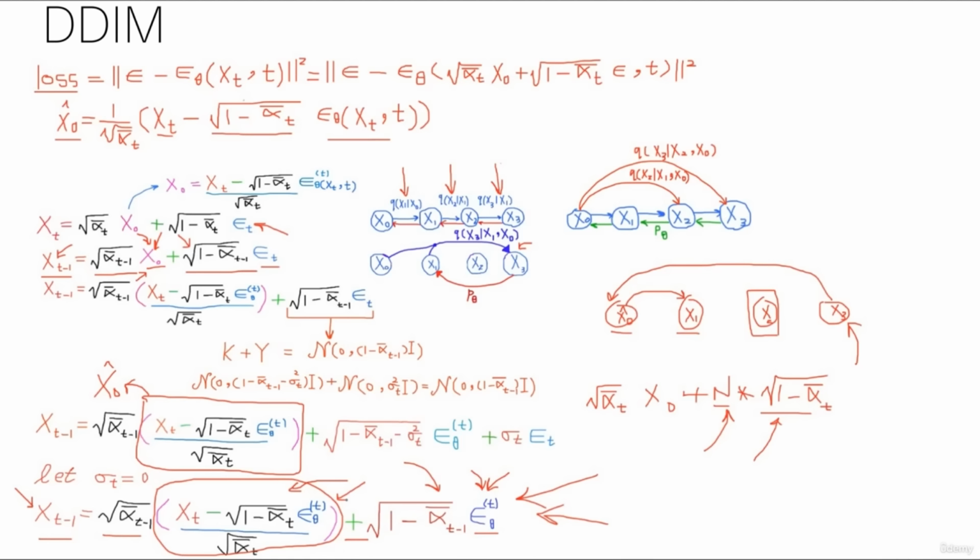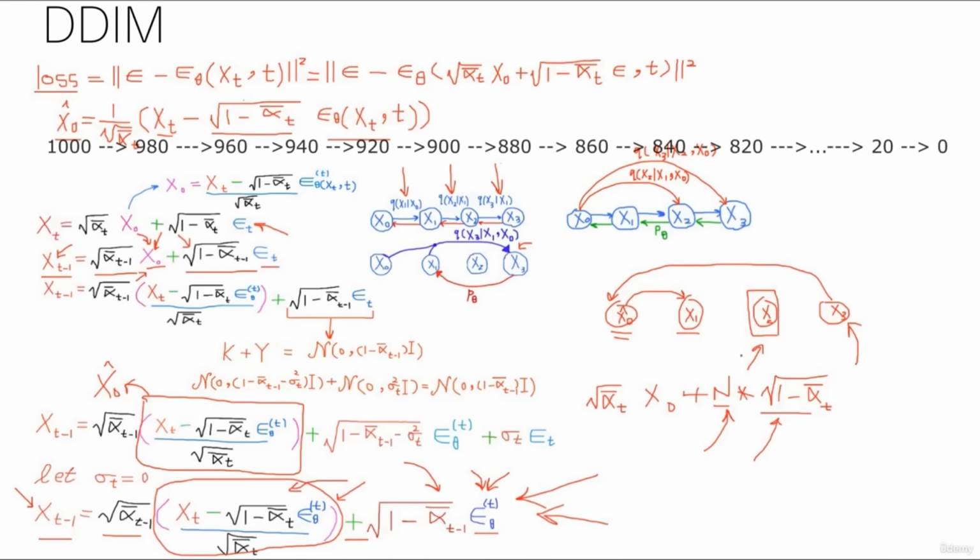As you know, we need to jump a few time steps to make the generation process, or the reverse diffusion process, faster. So now we will move from the predicted x0 to x1. So we jumped this time step, and we can actually jump more than one time step, like 30 time steps, or actually we can generate good images with just 50 time steps. For example, let's say that we start with time step 1000.